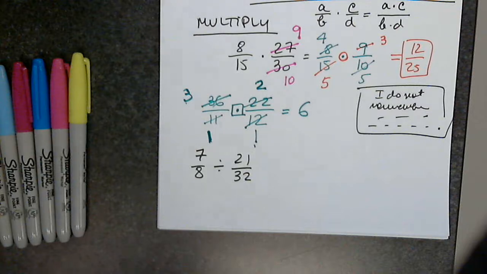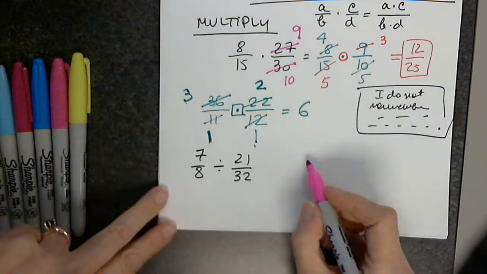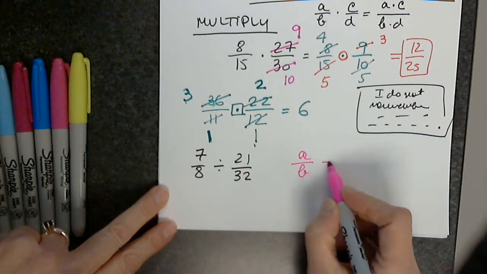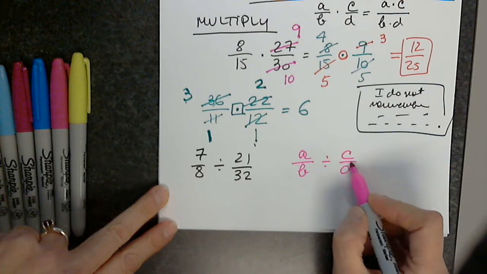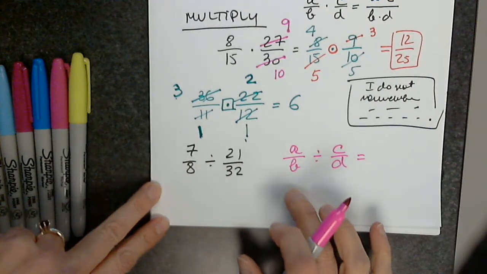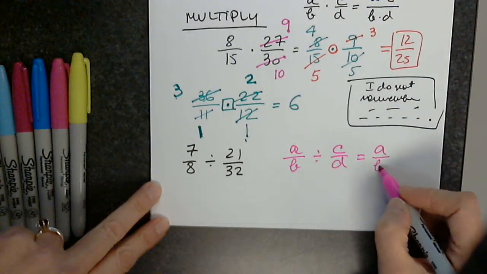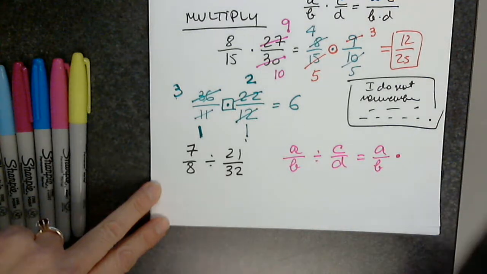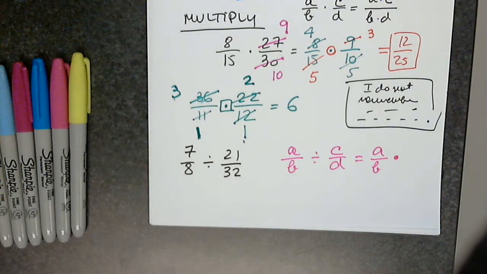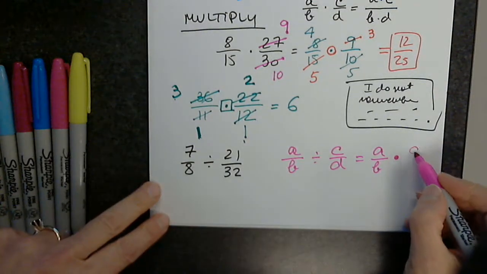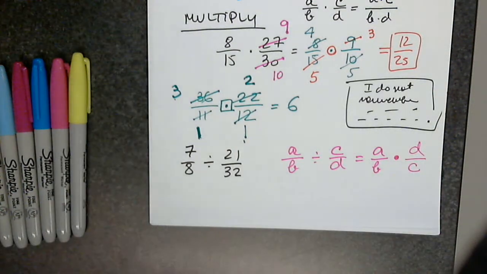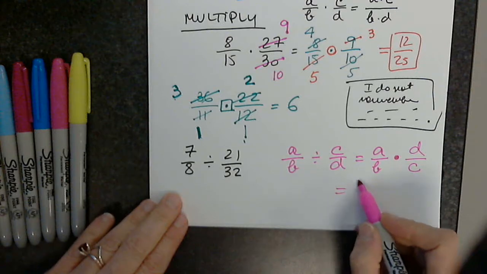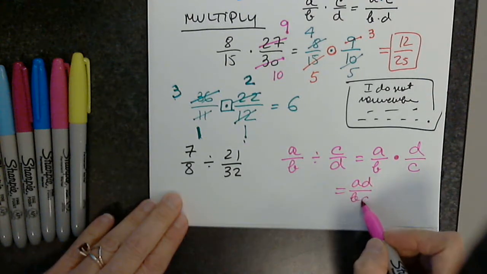Okay, so next, how do I divide 2 fractions? I copy the first fraction and I multiply it by the multiplicative inverse or the reciprocal of the other. So now I have to apply the procedure that we just looked at, AD divided by BC.